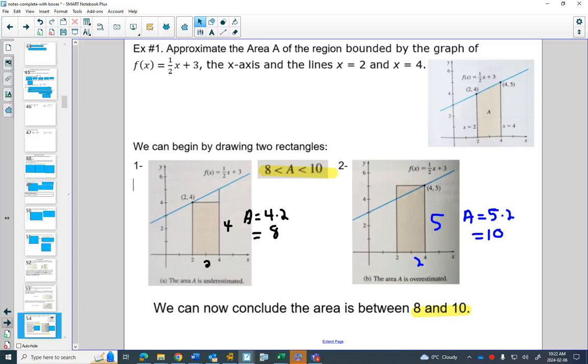And those would both be estimates, and we would know one is an overestimate, one is an underestimate. We know that the area is somewhere between 8 and 10. And because this one's a perfect straight line, you can probably see that it works out perfectly to be 9, but that's not always the case.